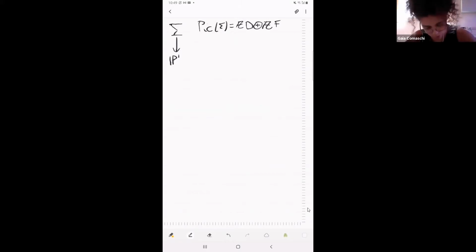So the cubic scroll sigma admits a determinantal representation. So we can find a matrix M sigma of linear forms of this kind.